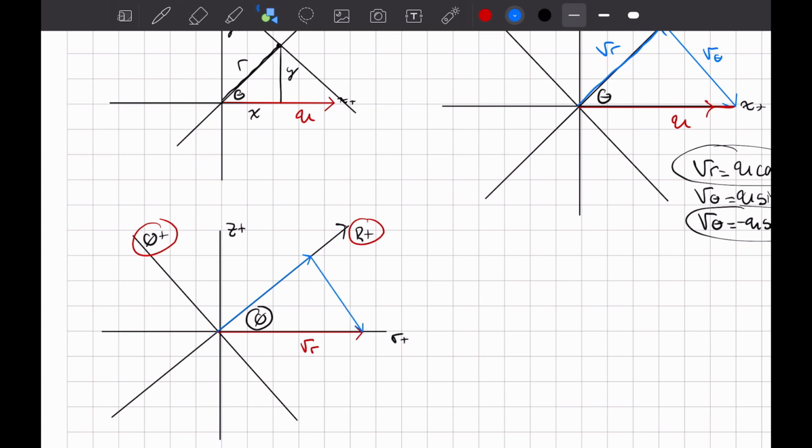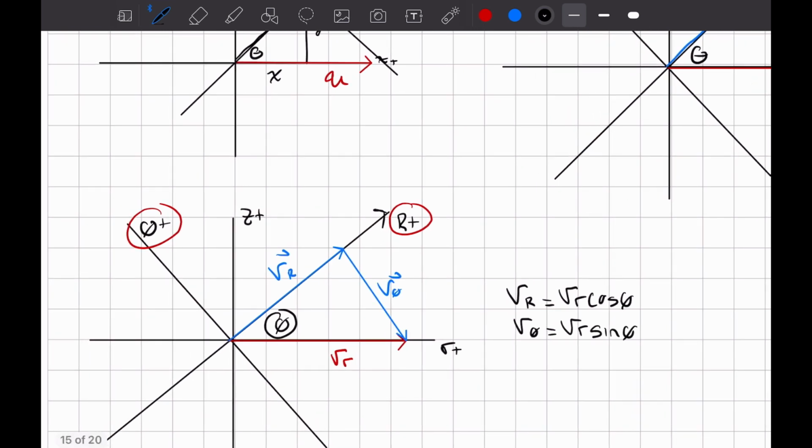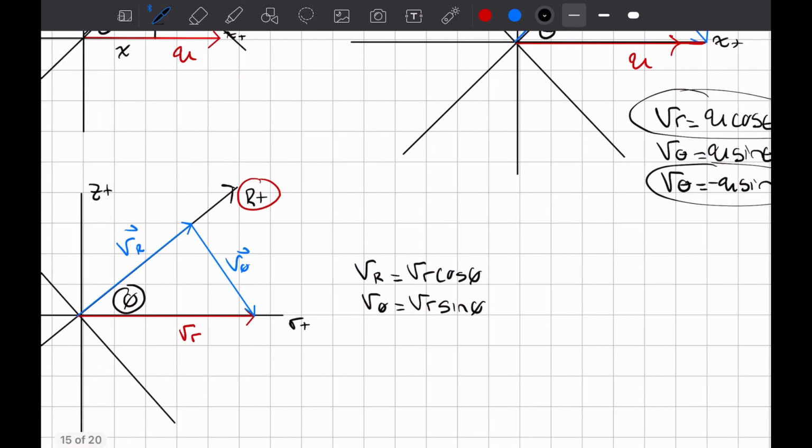We have a component in the big R direction, a component in the phi direction, and therefore we can write that V big R is going to be equal to VR cosine phi, and V phi is going to be equal to VR sine phi. Similar story as before, we defined positive phi in being in the opposite direction that V phi is pointing in. So really, that's going to be negative VR sine phi.